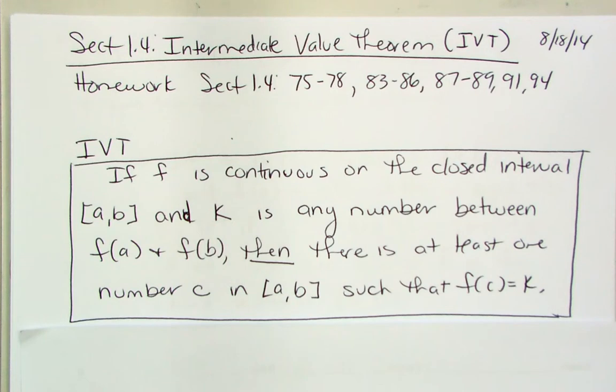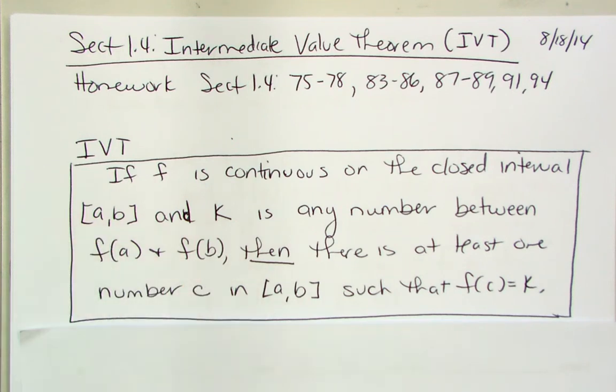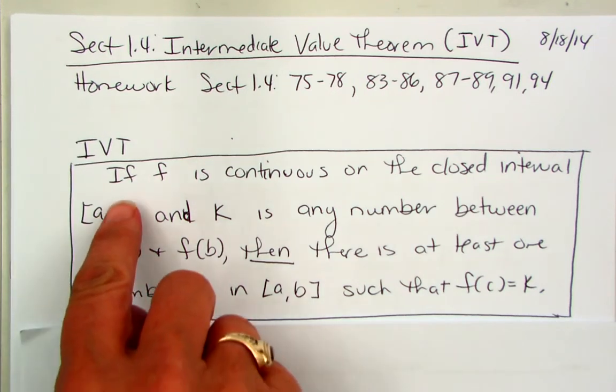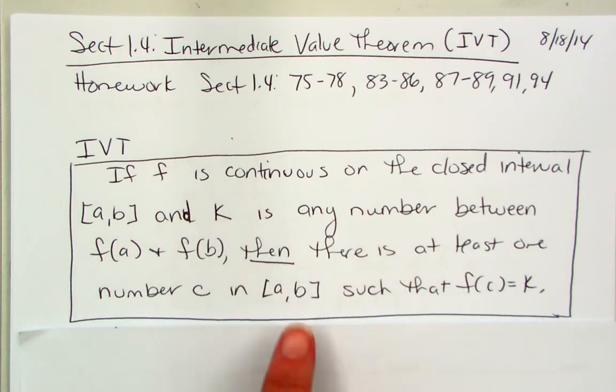The intermediate value theorem. If my function f is continuous, which means I don't pick up my pen at all, on some closed interval, so on the x-axis from A to B, and k is any number between f of A and f of B, the y outputs, then there is at least one number c in the domain between A and B such that the output f of c is equal to k.